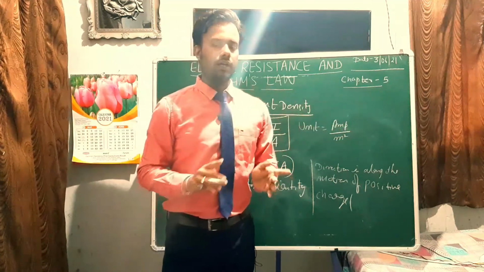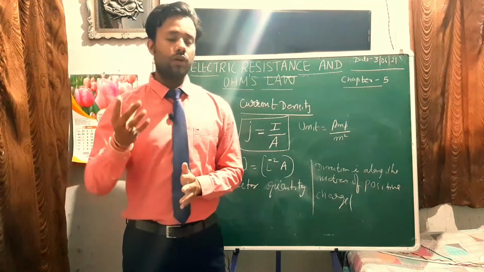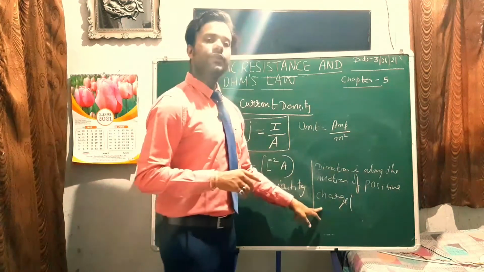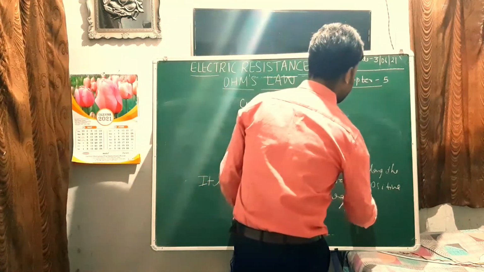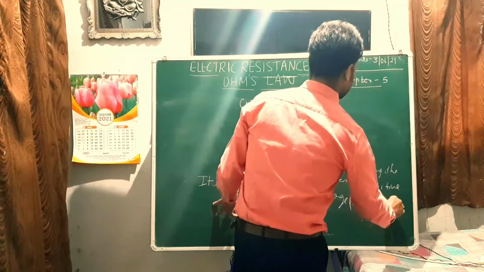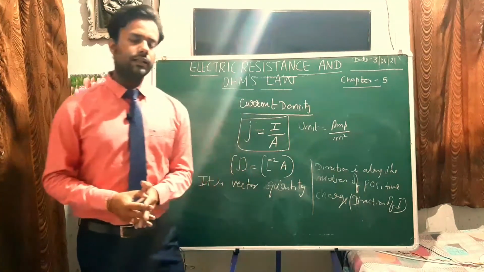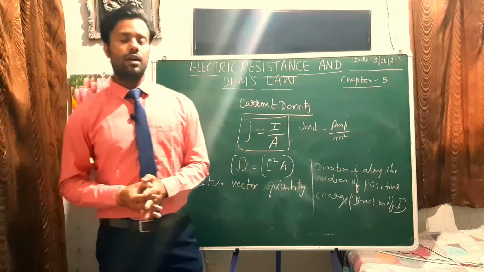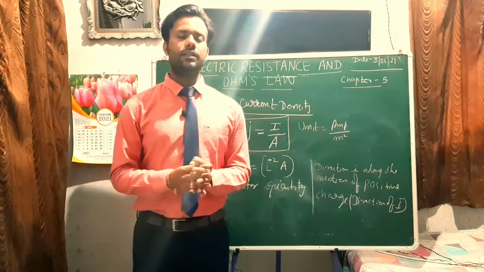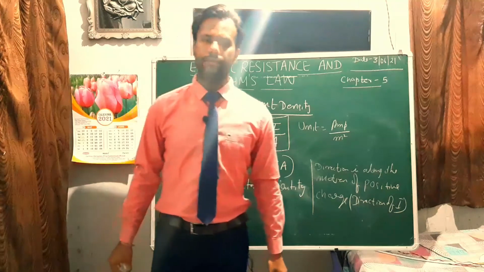We also know that current flows opposite to the negative charge, or in the direction of positive charge. So the motion of positive charge can be regarded as the direction of current. So we can also say that the direction of current density is in the direction of electric current.